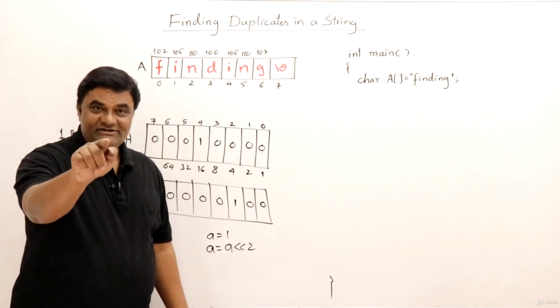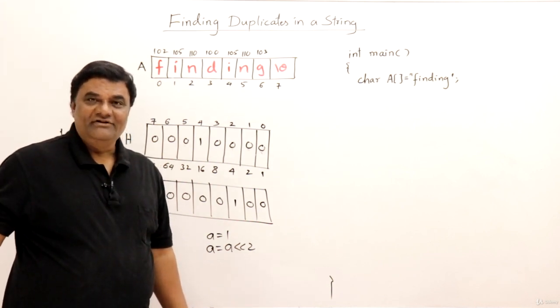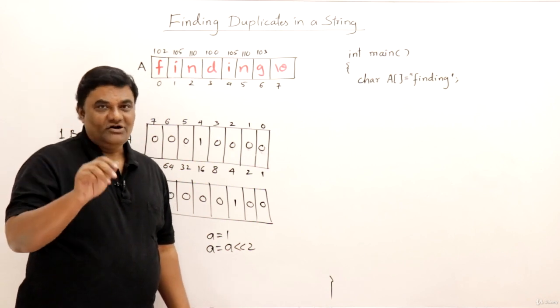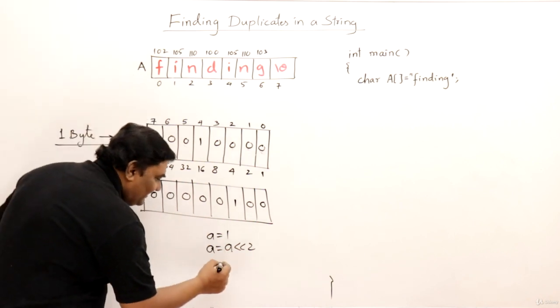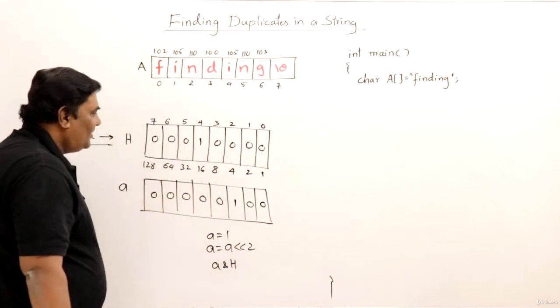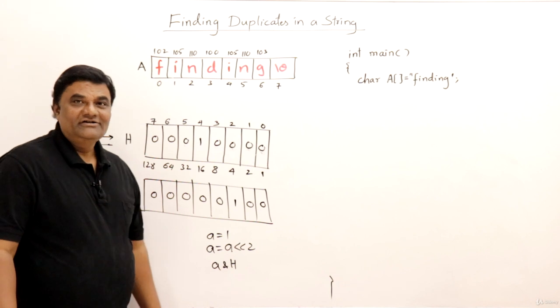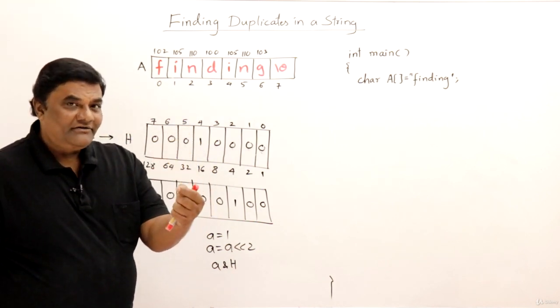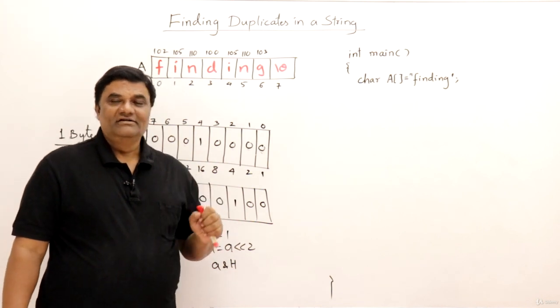So if you got 0 means bit is off. If you got non-zero value means bit is on. So by performing AND between A and H, I can know whether that bit is on or not. So knowing a particular bit inside a memory, whether it is on and off, is called as masking.